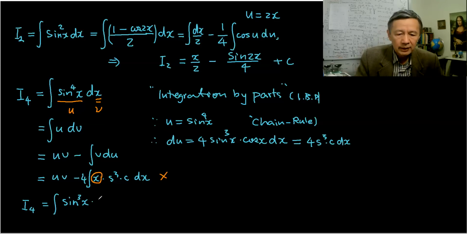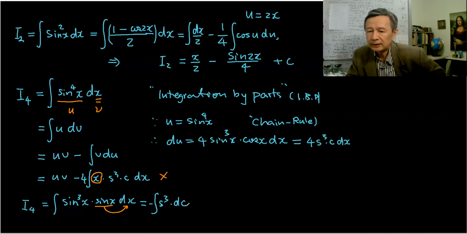Then we put sine x dx here. I will try to put the sine behind the d. So we can rewrite this as s cubed times negative d c, c for cosine.